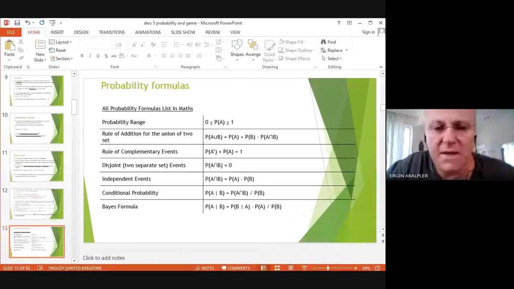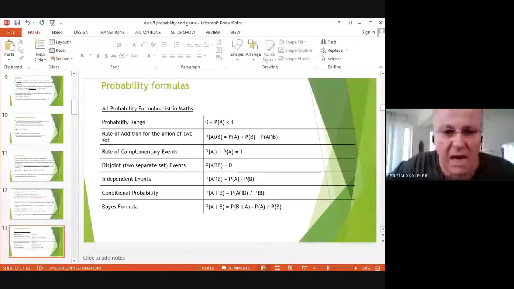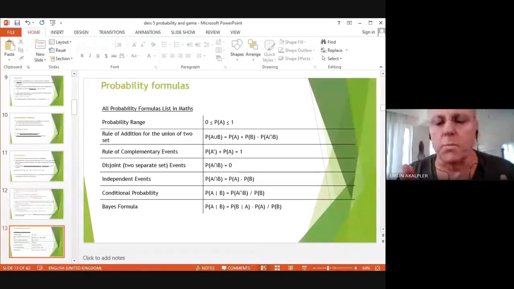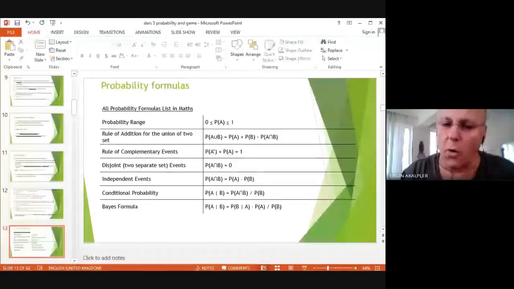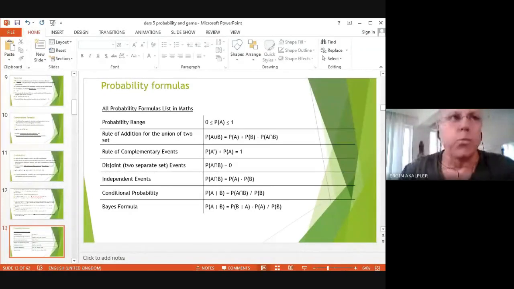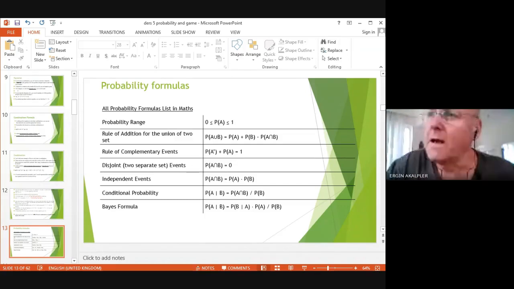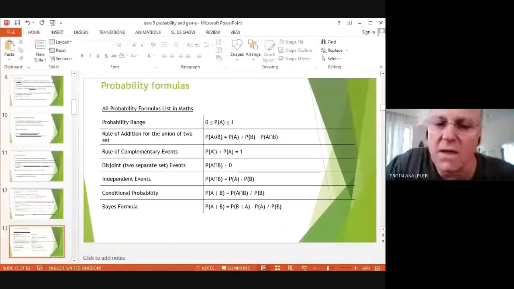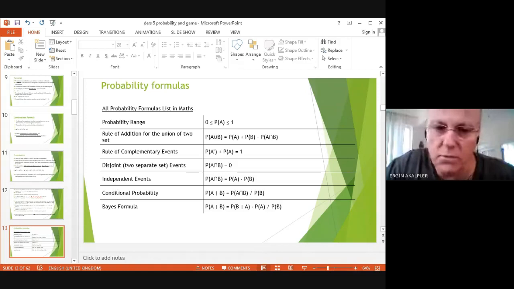Therefore, the rule of complement event is P(E') for the complement, and P(A) is the product. If P(A) is 0.6, the rest is of course 0.4, isn't it? These combine with each other in probability. In economics, as I said, if you have $1 and you consume 80 cents of this dollar, the rest, which is 20 cents, will be in the savings account.